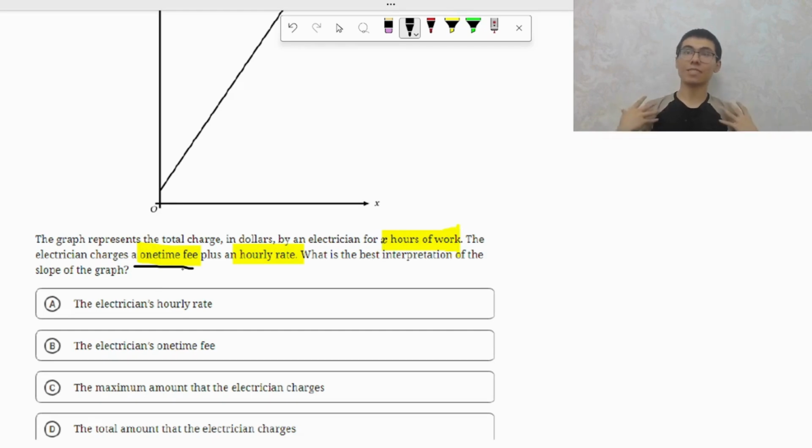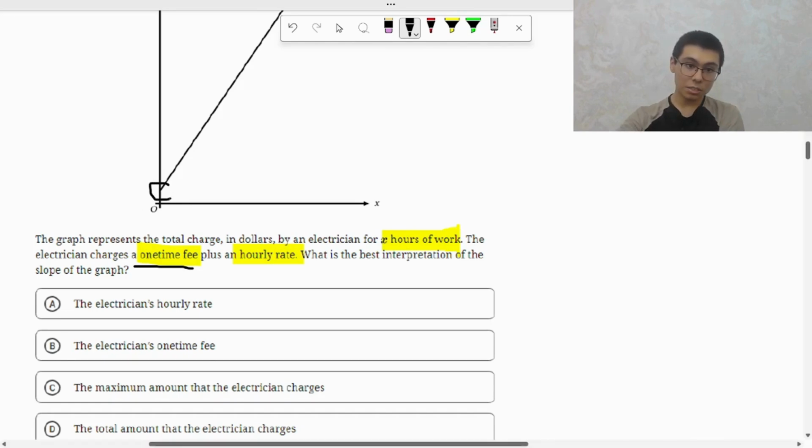You have to understand these things and you gotta visualize, because in these kinds of situations, you gotta use some sort of imagination. So y-intercept is when it starts off, the amount of money that the customer has to give to the electrician in this case, which is somewhere around here.